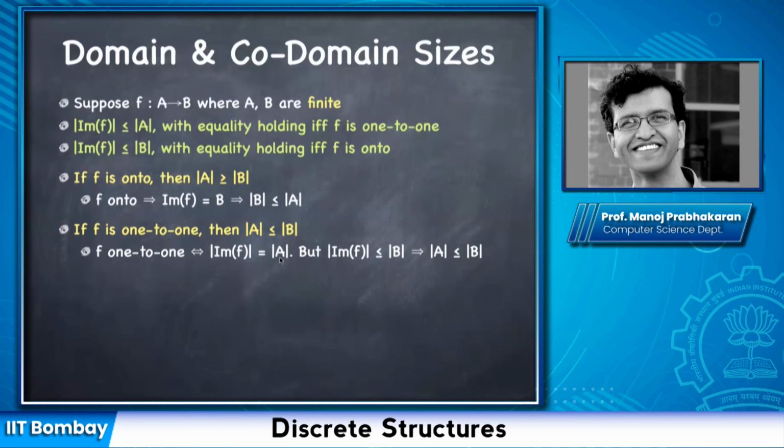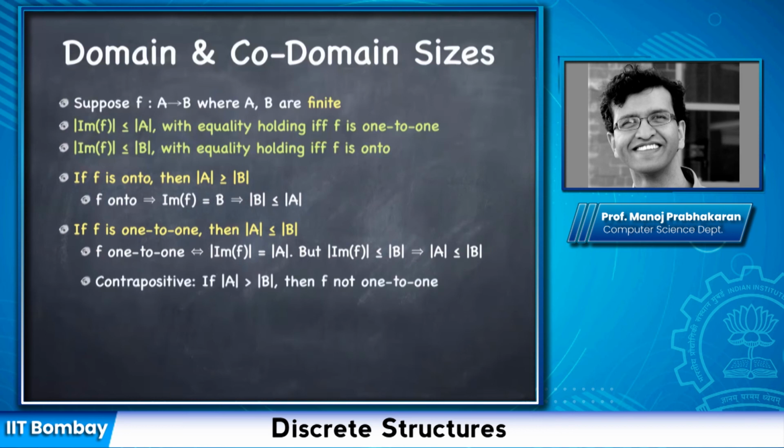And since we also have that the size of the image is less than or equal to the size of B, we have that the size of the domain is less than or equal to the size of B. So all this is saying is that if f is 1 to 1, then the image of the domain is as big as the domain itself, and that thing is sitting inside the set B. So B has to be large enough, at least as large as the size of A.